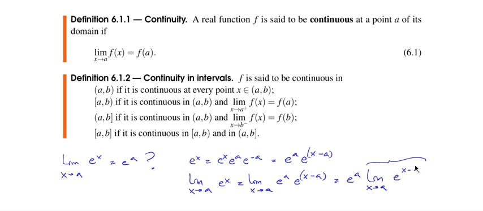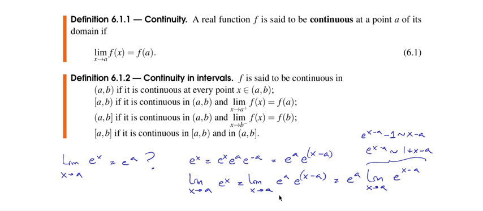Now we know that e to the x minus a minus 1 is asymptotically equivalent to x minus a whenever x minus a is small. So this e to the x minus a is asymptotically equivalent to 1 plus x minus a, right?